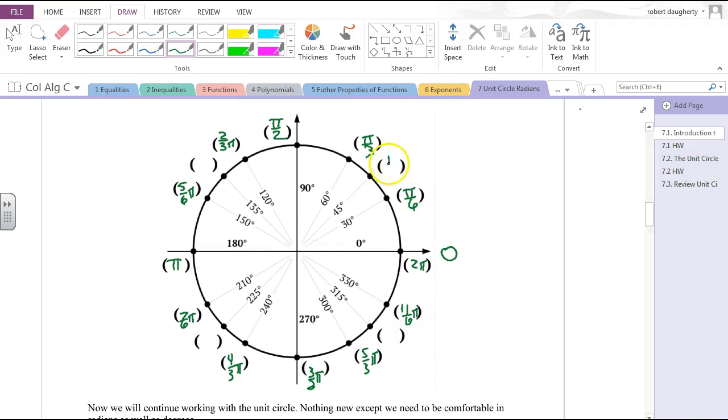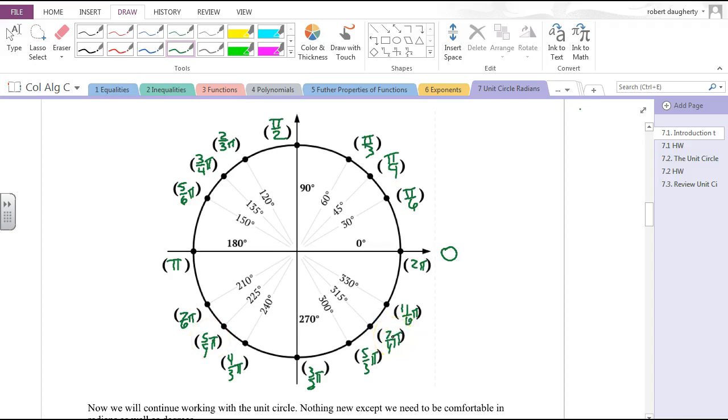So this is pi over what? Pi over 4. That's 2 pi over 4, but we're going to write it pi over 2. This is 3 pi over 4, or 3/4 pi. This is 4/4 pi. So that makes this one down here 5/4 pi. Okay. And then the last one here is 7/4 pi.